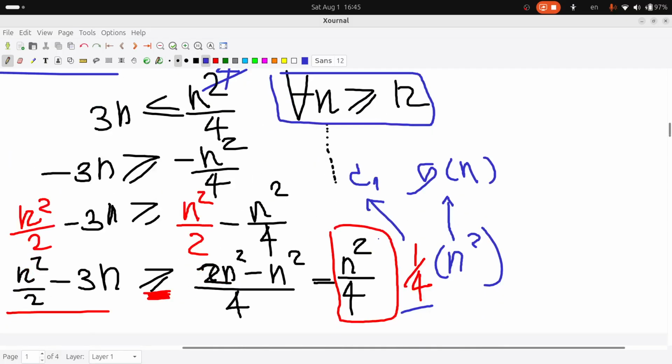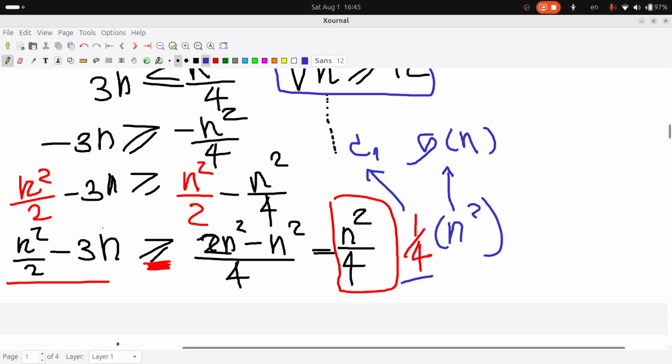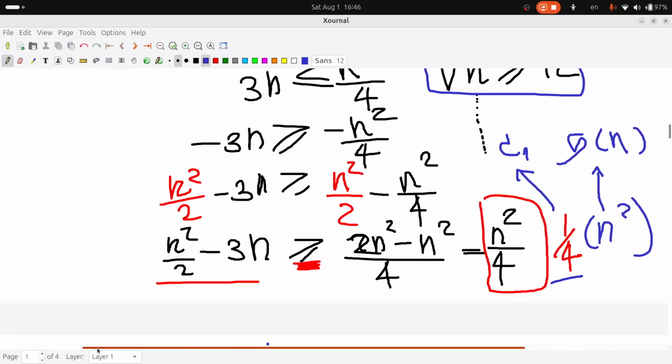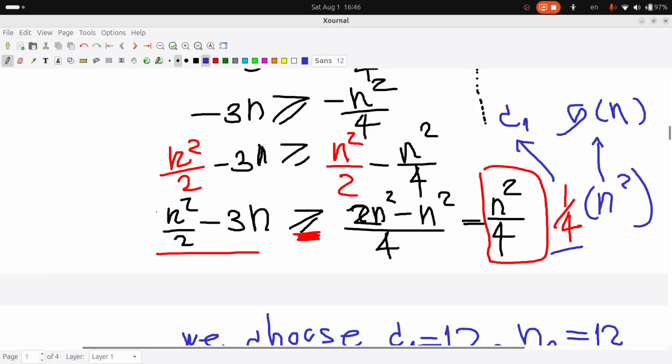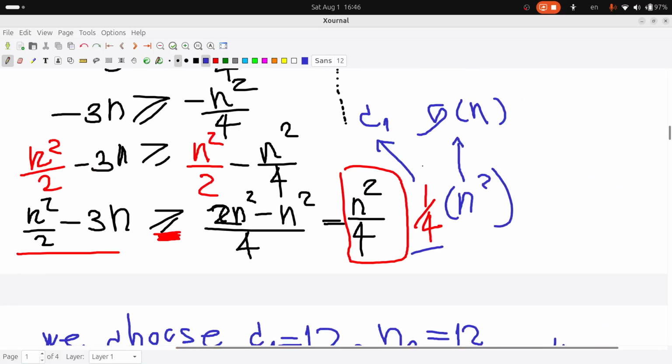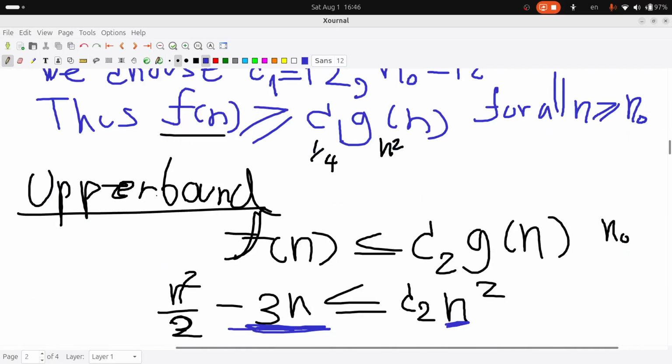Why did we do that? Because after that we can combine these two equations into one expression, and we can simply say that this one is Gn. All right.